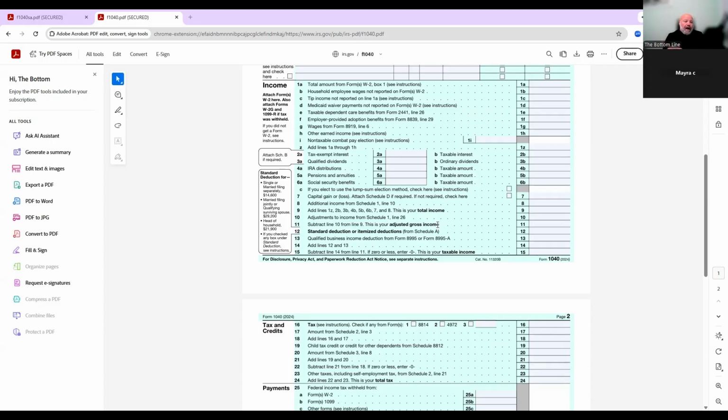So we're going to figure it out. If our clients give us this information, we'll calculate it. Oftentimes, they don't qualify for itemizing. 80% of the time, if a person does not own a home and have real estate taxes and mortgage interest, they don't usually qualify. But there are times where someone has extreme medical expenses that aren't paid by health insurance, and they have to pay them out of pocket.